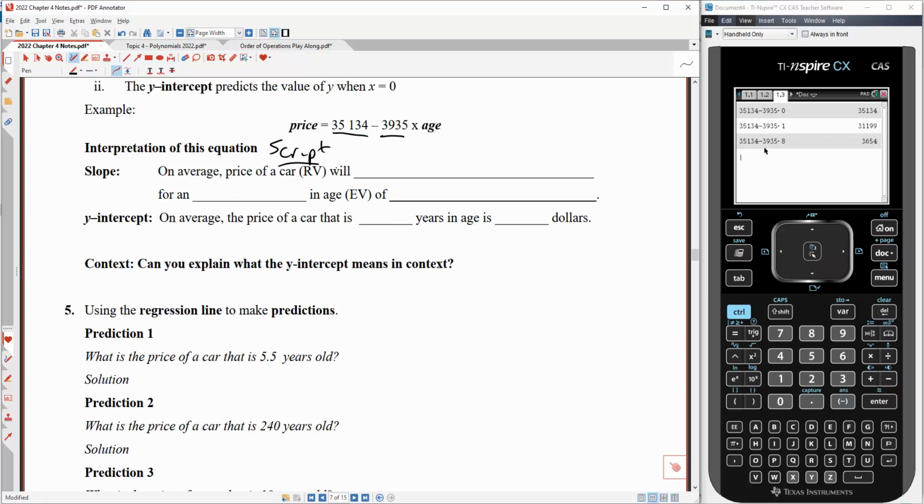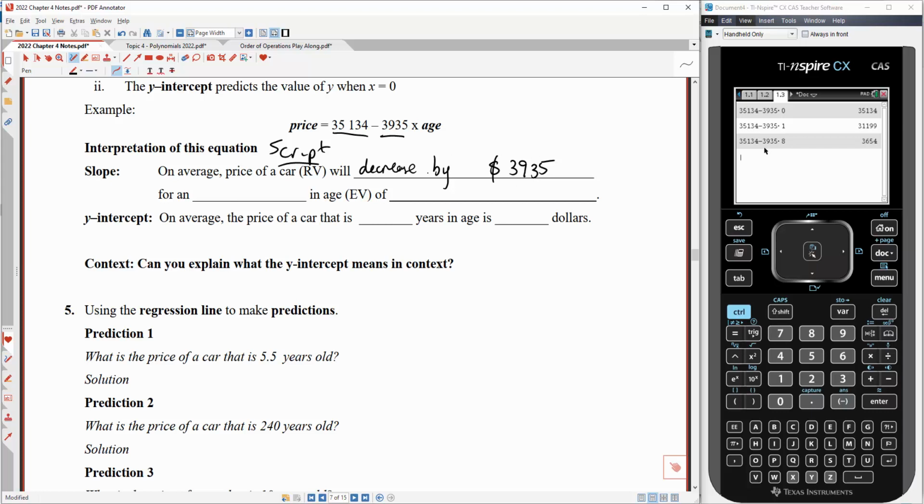We have a look at the gradient, and we look at the sign of the gradient. It's negative, so it will decrease. We use the word decrease if it's negative and increase if it's positive, by 3,935. We actually say the number in context.